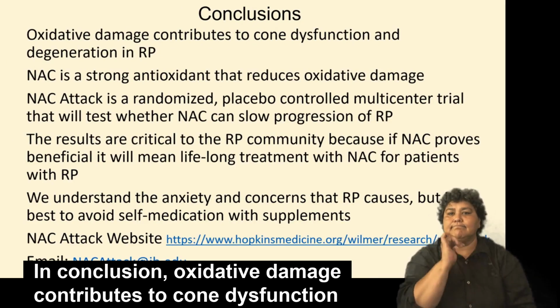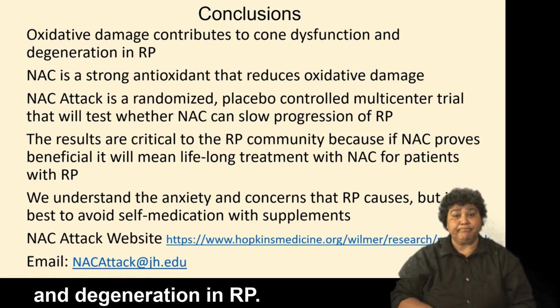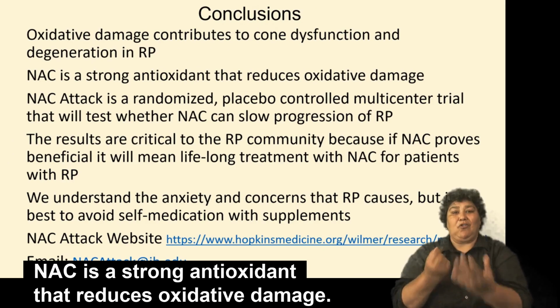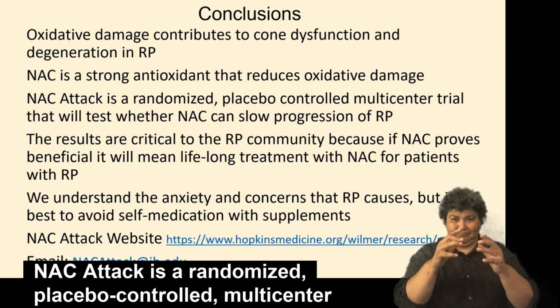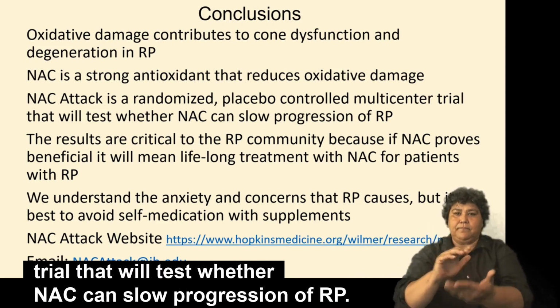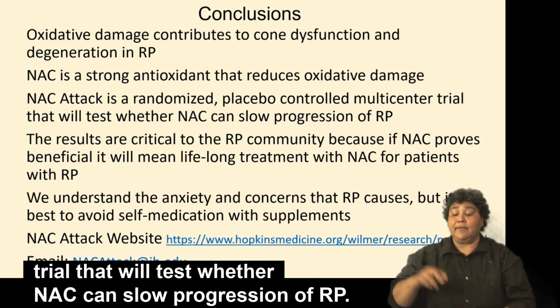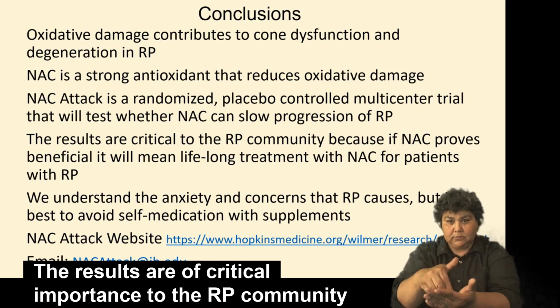In conclusion, oxidative damage contributes to cone dysfunction and degeneration in RP. NAC is a strong antioxidant that reduces oxidative damage. NAC Attack is a randomized, placebo-controlled, multicenter trial that will test whether NAC can slow progression of RP.